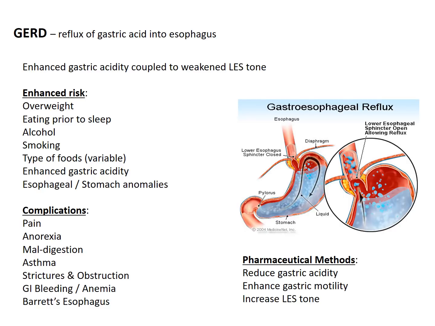So if you can close the lower esophageal sphincter, make it tighter, and make the stomach empty quicker through the pyloric valve and into the duodenum, you will also minimize the risk of gastroesophageal reflux disease. One drug on the market that has that mechanism of action is Reglan, or metoclopramide. Everything else is reducing gastric acidity.